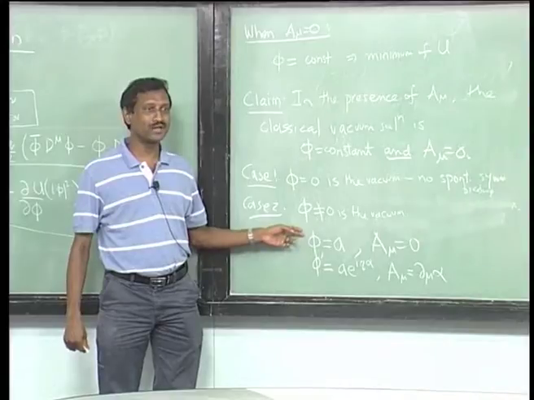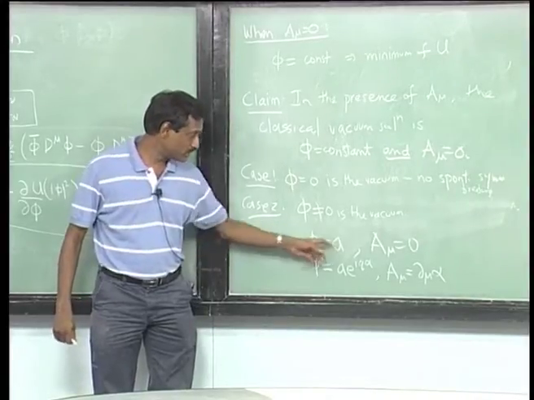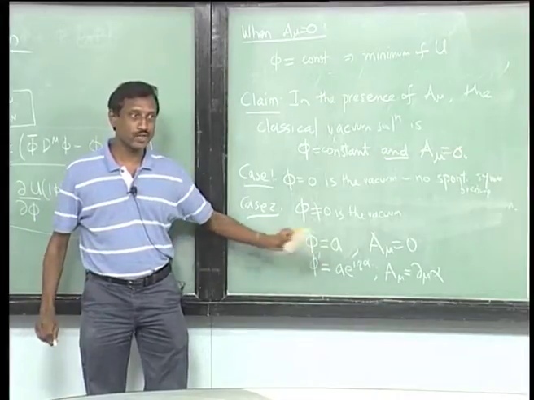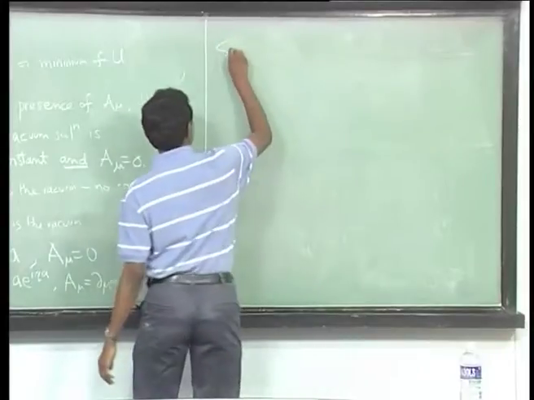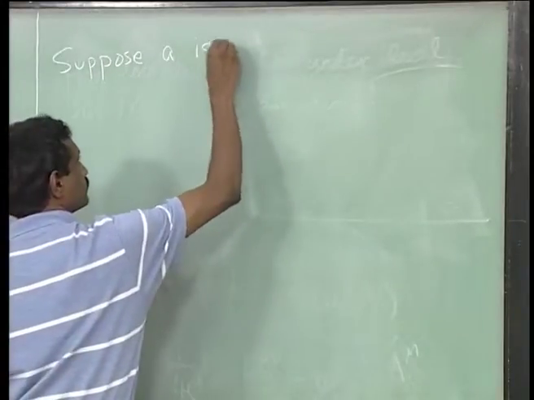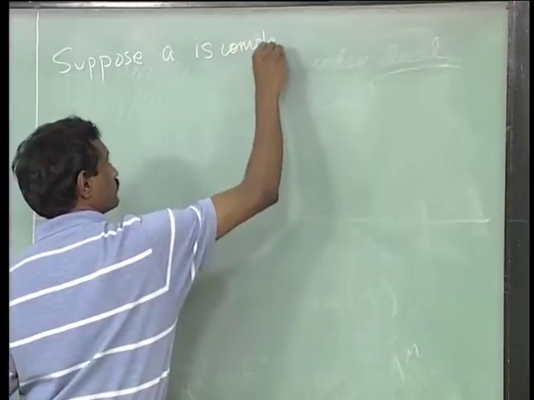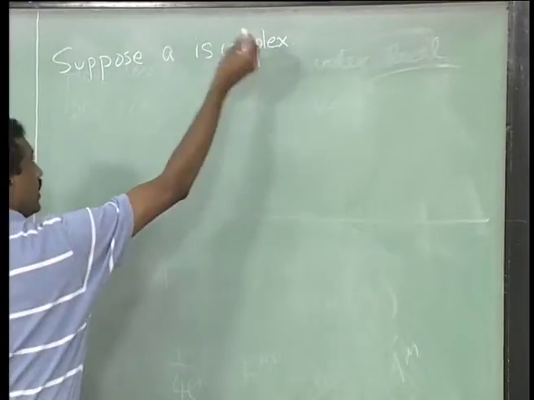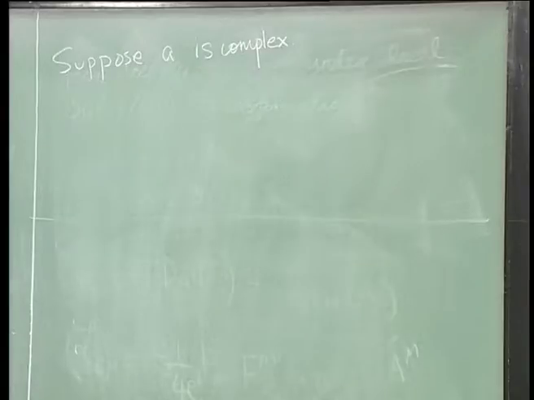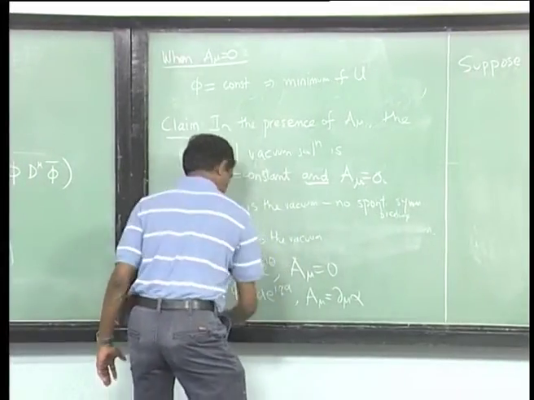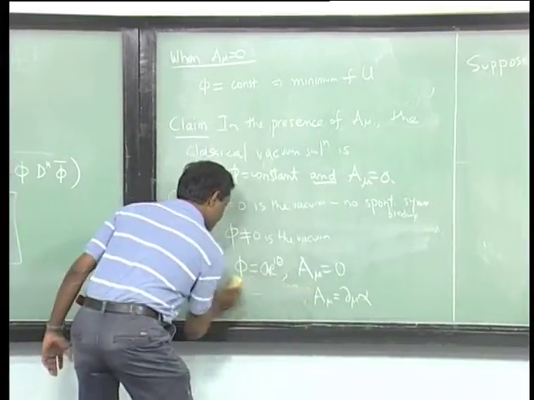They are physically equivalent configurations. In particular, suppose A is a complex constant. I mean, because the ground state would be mod phi square equal to A square, right. Let me write it this way so that A is real.